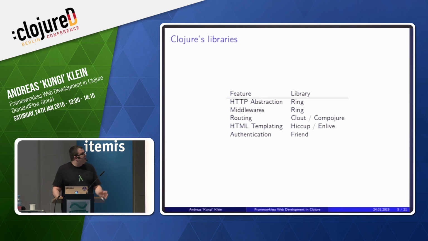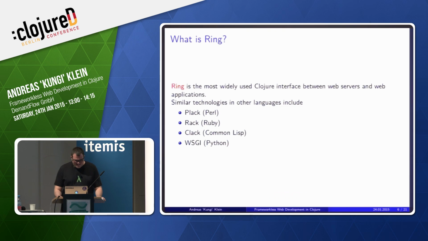For HTML templating, we have Hiccup, which is quite easy. I think we saw that today somewhere, I don't know. It's just Clojure vectors, and you put HTML tags as keywords in them, and it just renders to HTML. And Enlive, which is another approach. And for authentication, we have Friend, which just sounds nice.